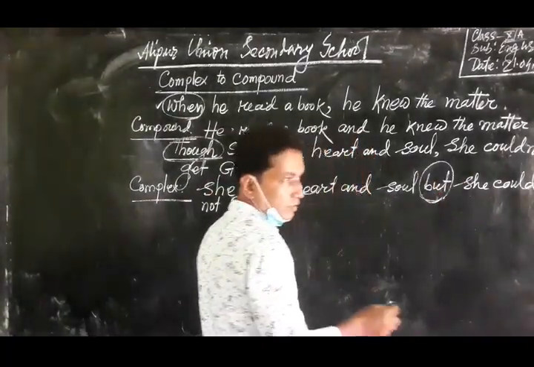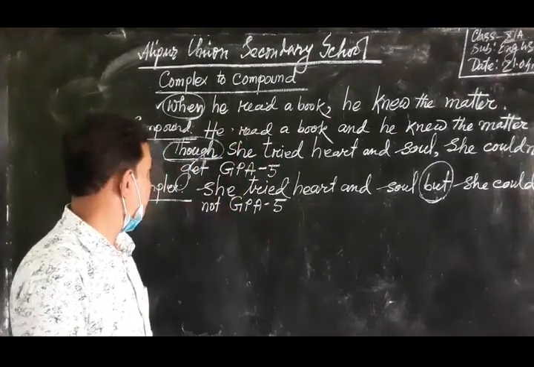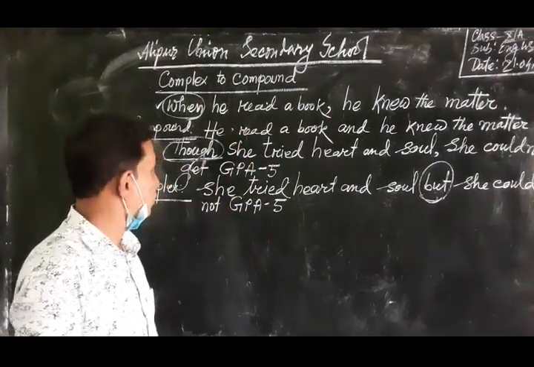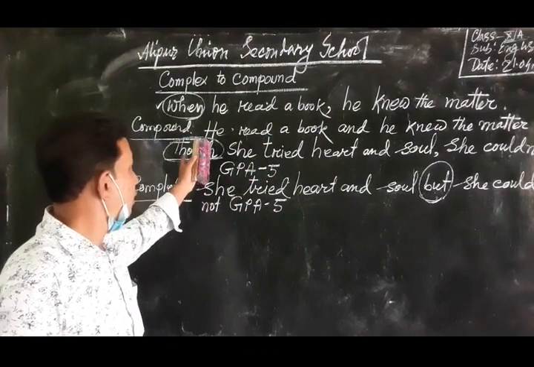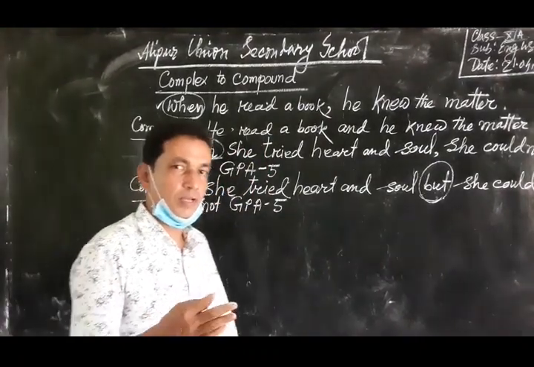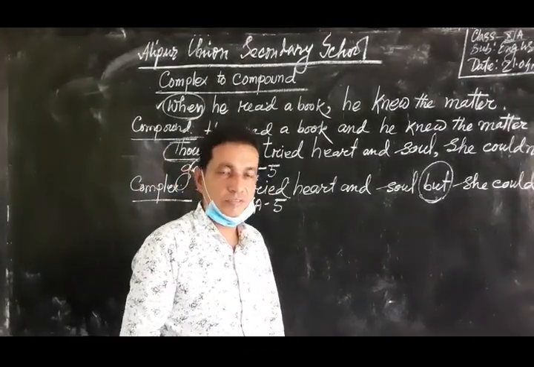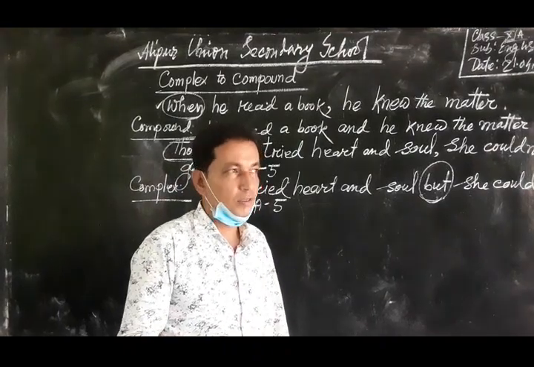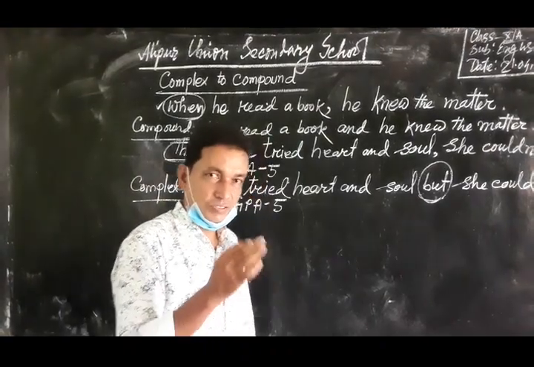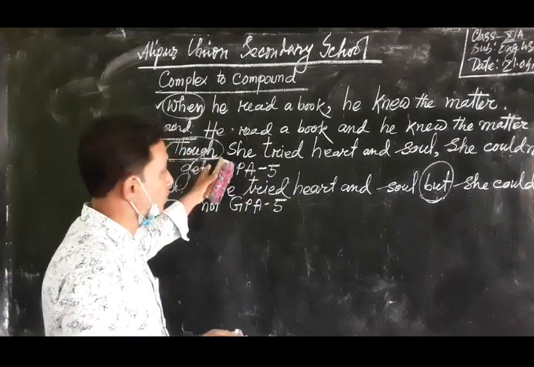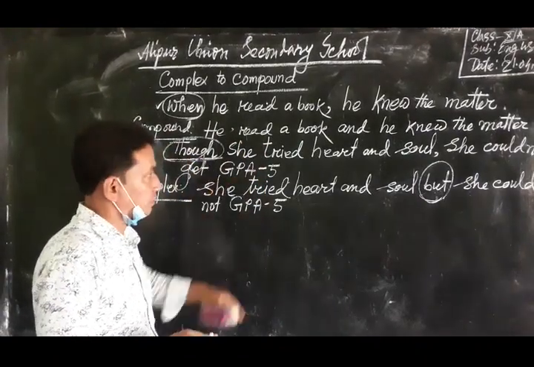This is a coordinating conjunction, and if the complex sentence has though, although may sometimes be added in the middle of the sentence, but usually it sits at the very first position of the sentence.